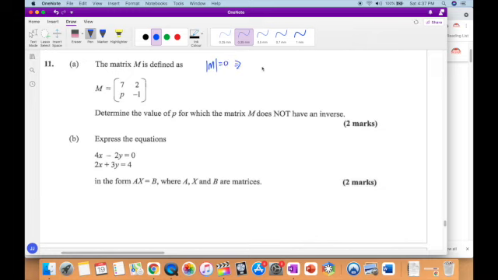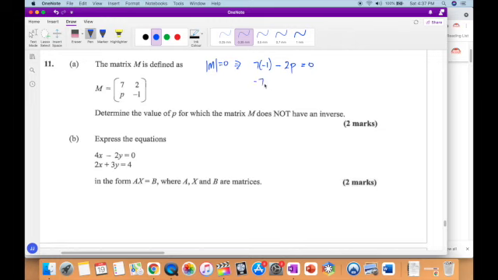That implies that 7 times -1, oh no, it's supposed to be minus, minus 2 times P is equal to 0.